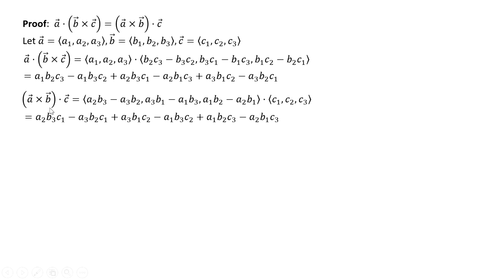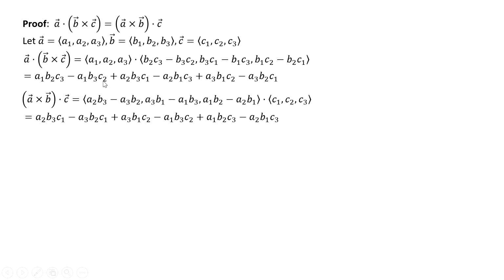Okay, let's pick one component here, the first component, and see if we observe that component here. By the way, there are 6 terms here and 6 terms here as well. Good. A1, B2, C3. Is there a plus A1, B2, C3? Ta-da! A1, B2, C3.